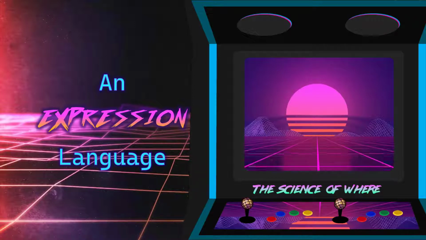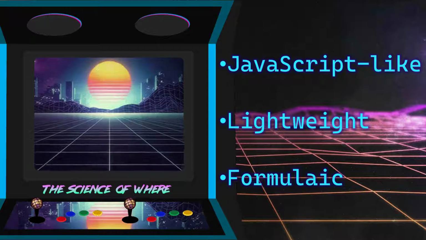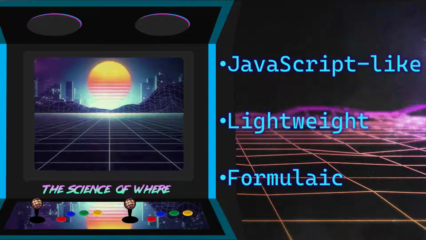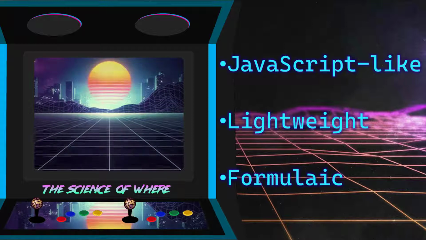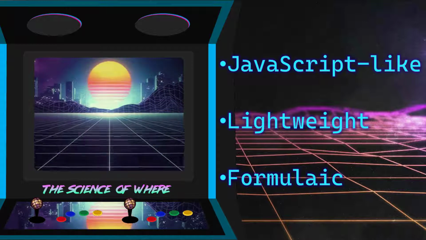So what's an expression language? An expression language is one where nearly every expression returns a result. So what's arcade? If you wanted to put it in a little box with a definition, it excels at creating custom visualizations, calculations.